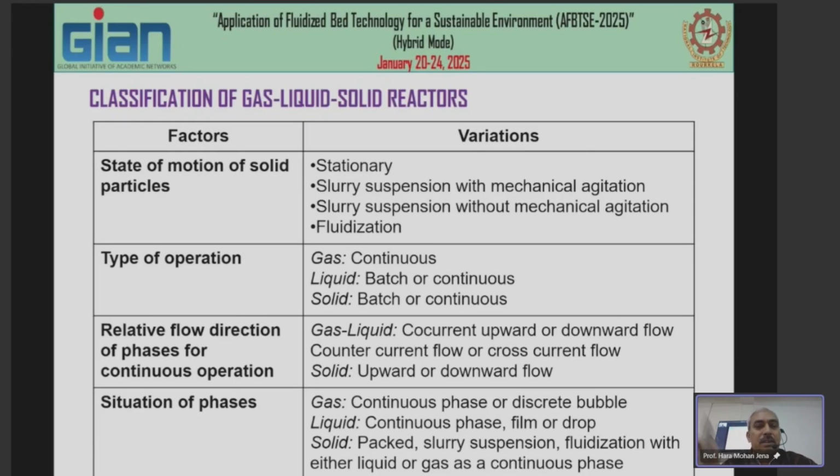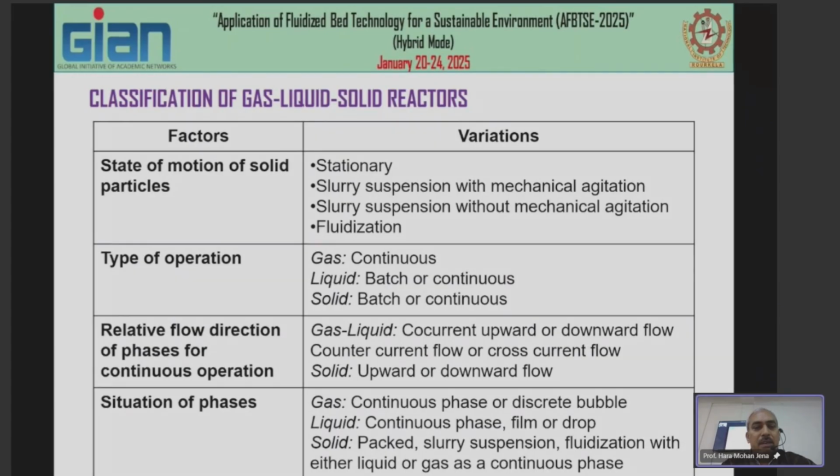So the solid has the importance. So the state of motion of solid particles is either stationary, or slurry suspension with mechanical agitation, slurry suspension without mechanical agitation, or fluidization.